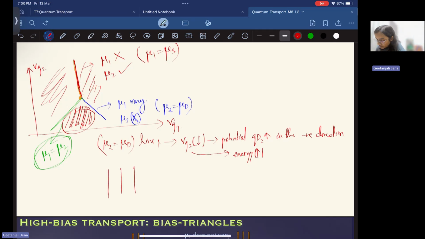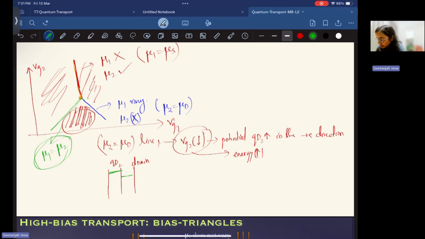So pictorially, if I present it, we have quantum dot 2 and we have a drain side. So now we are focusing on an area where the VG2 is decreasing, that is below this blue line. So VG2 decreasing means we are increasing the potential of quantum dot 2 in the negative direction. So that means it will increase this level as compared to the drain side.